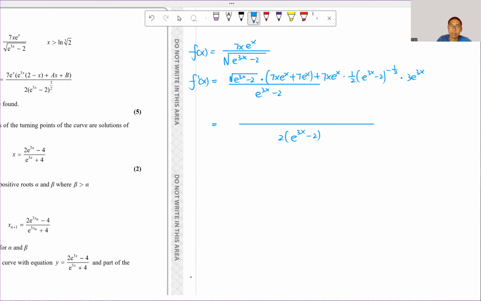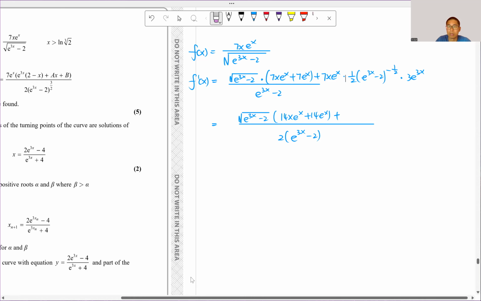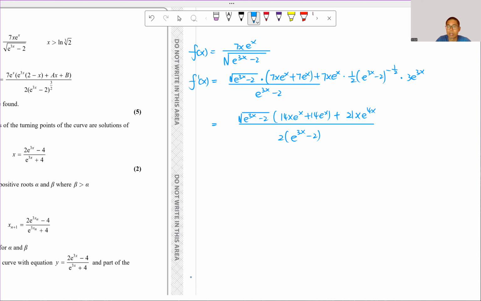And then the top will be the square root of e to the power 3x minus 2 times 14x e to the power x plus 14 e to the power x. And then this cancels out, the half will cancel out because we multiplied by 2. So it's just left with 21x e to the power 4x times e to the power 3x minus 2 to the power negative 1/2.